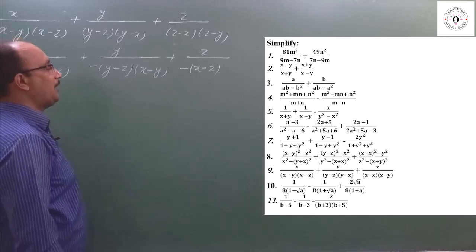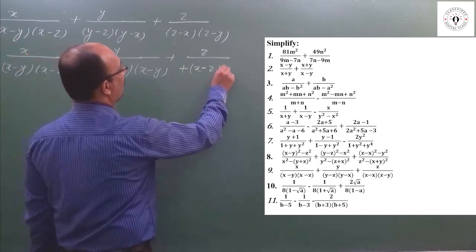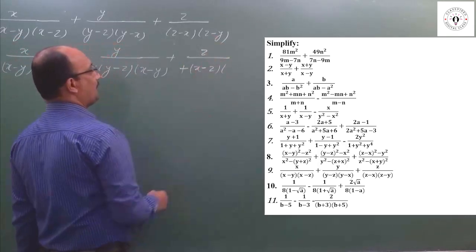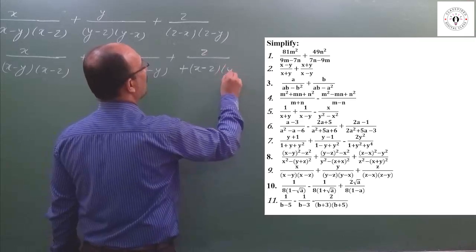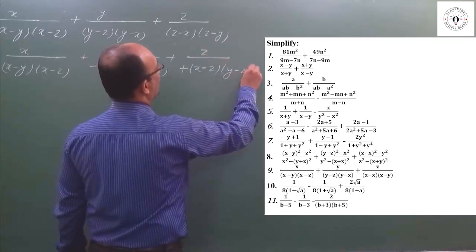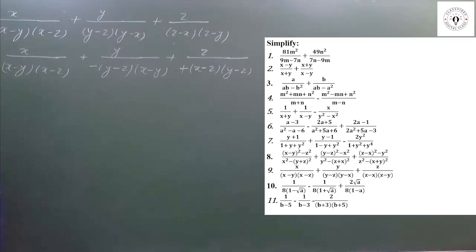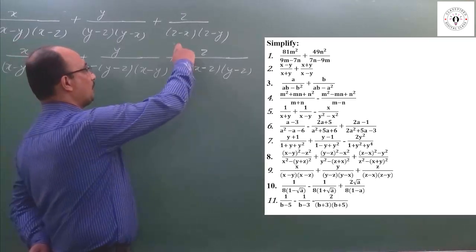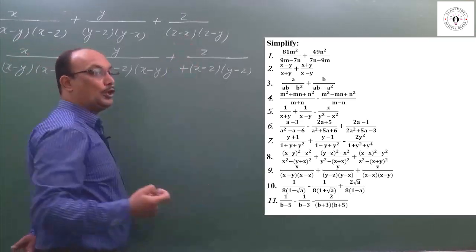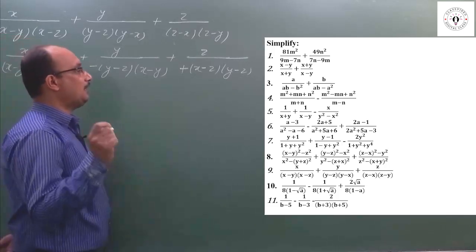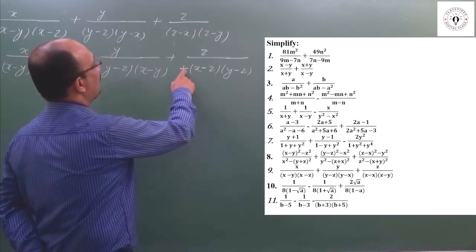By taking minus common. So minus minus becomes plus. And since we have taken minus common, minus y becomes plus y and plus z becomes minus z. And I told you, either you take minus common from first factor or you take minus common from second factor, in both the situations, write minus in the front.